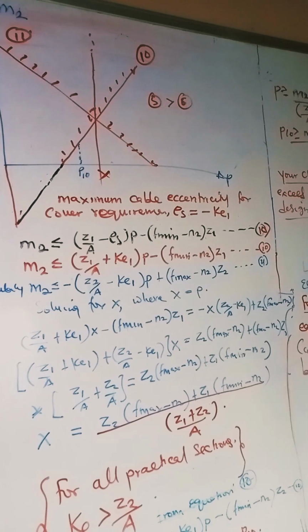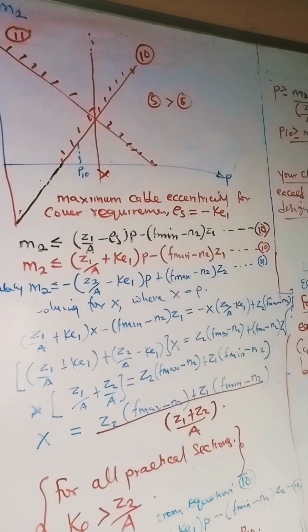Similarly, we substitute that same value of negative maximum cable eccentricity, Ke1, into our second equation, which is equation 11, and we get equation 11 in a similar fashion as on the board.